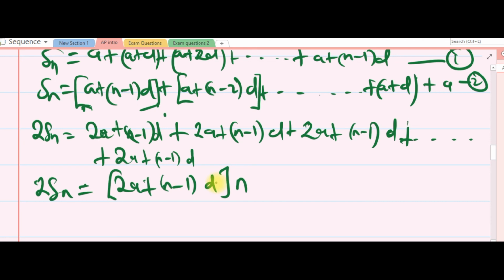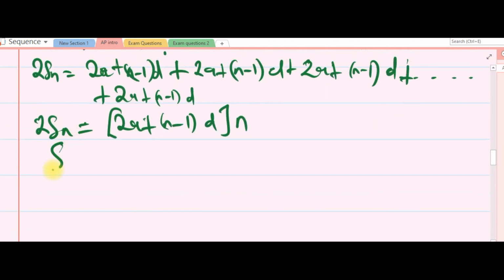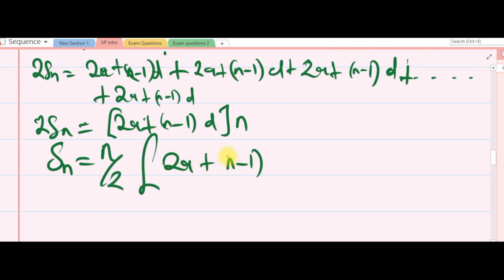If you add 2 plus 2 plus 2 plus 2, that is the same thing as 2 times 4. And we are to find the sum of the first n terms. So from here, the sum of the first n terms is now n over 2 times (2a plus (n minus 1)d).